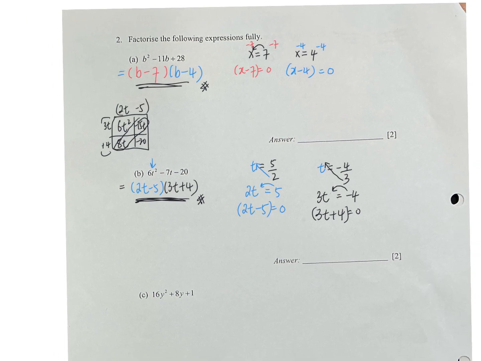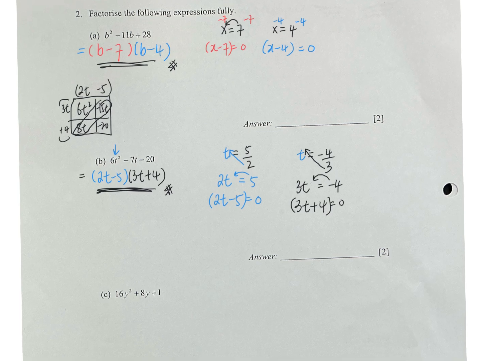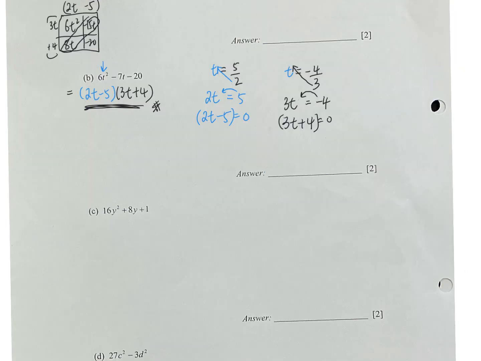Okay, we try one more. Next one. Better listen. Answer gives you 16, and the other one is negative 1/4. So how to get back?